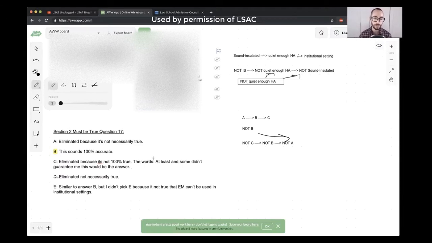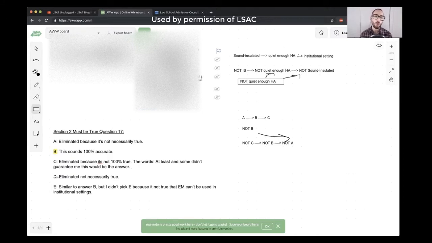Then looking at C, the student eliminated this choice because it said at least and some. So yeah, C says at least some. I think that's good. I think that given the strong language throughout this stimulus, it's if, then, if, then, if, then.